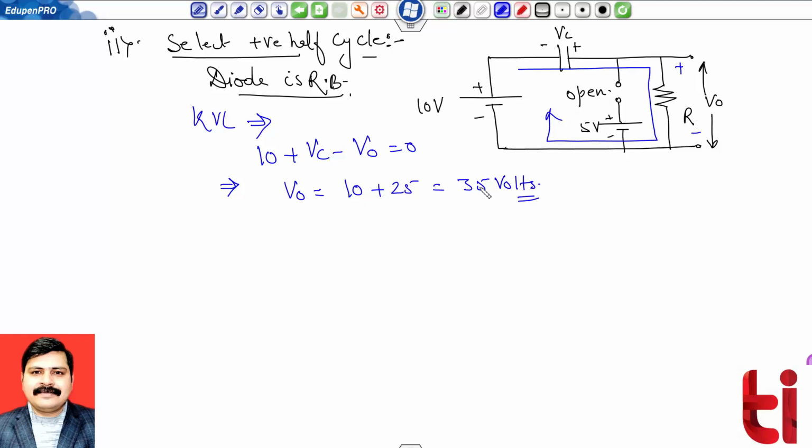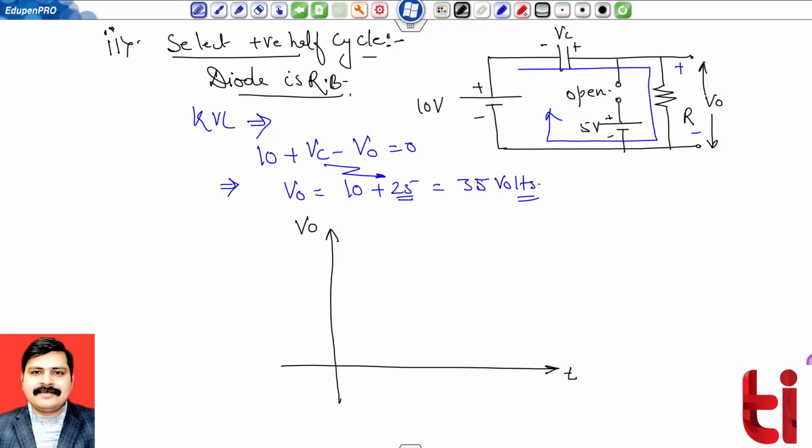And you can check, this 25 is from the VC because maximum value across VC was 25 that we have analyzed. Now we can plot the curve easily. This is my time scale, output voltage V0.